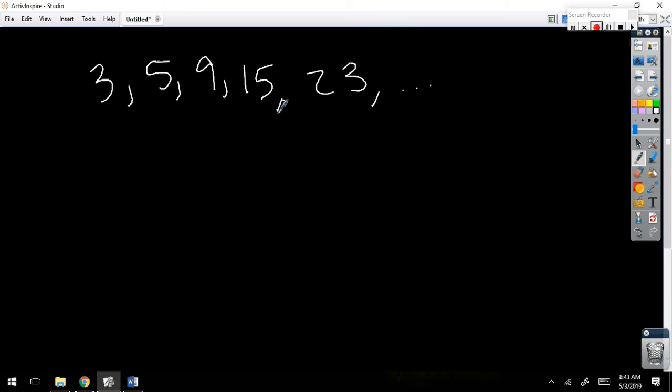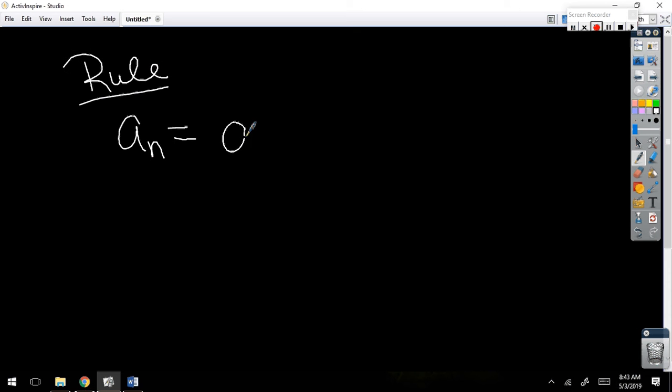So there's a little formula on your sheet to find the rule for an arithmetic sequence. So you've already determined it's arithmetic. Here's how you do it. It's A sub n equals A sub 1. What would that mean, A sub 1? First term.